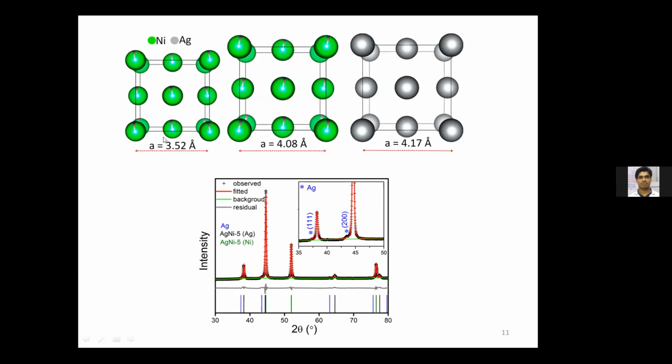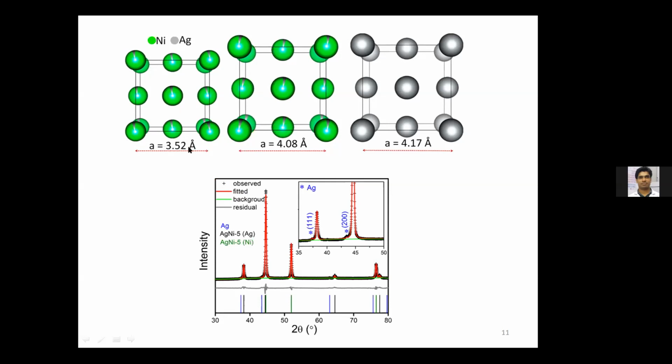See here, nickel-type silver nickel without any alteration in the composition. The composition is fixed: silver is 5% and nickel is 95% in both cases. But see, the volume has changed. In the second case it is taking a silver-like unit cell, and in the first case a nickel-like unit cell.